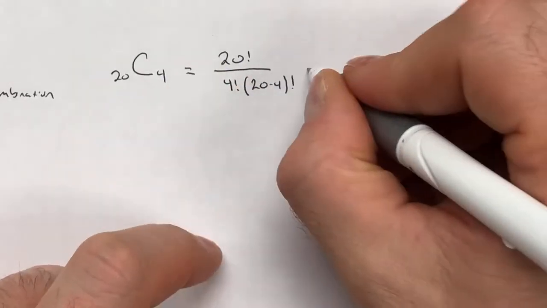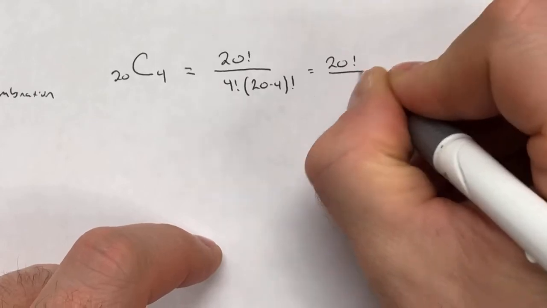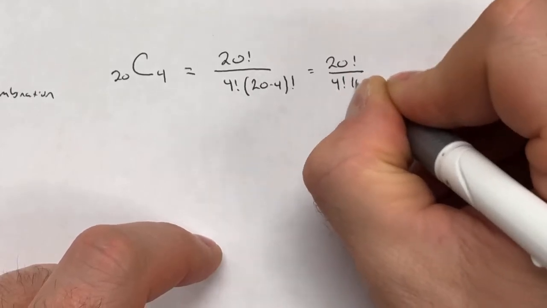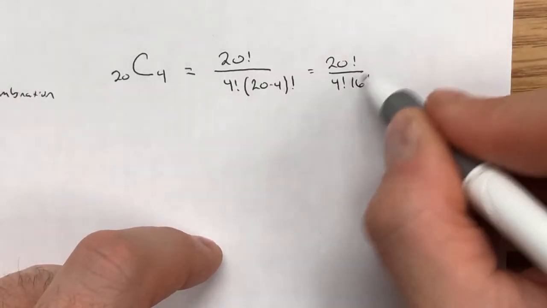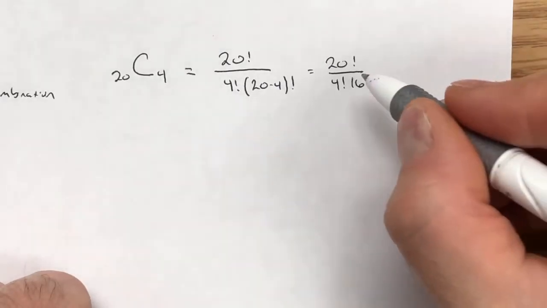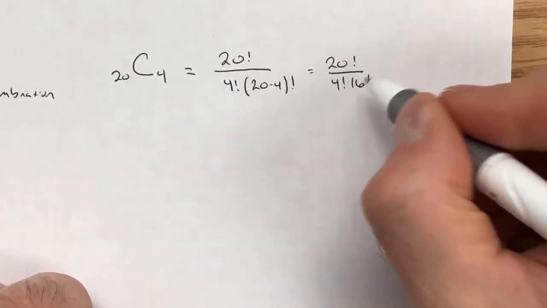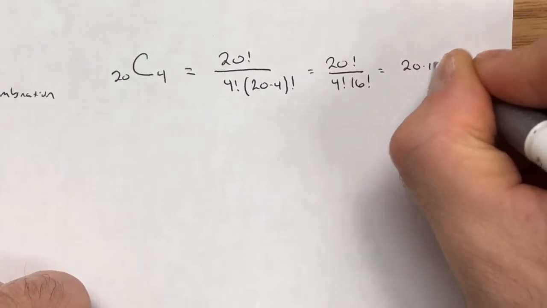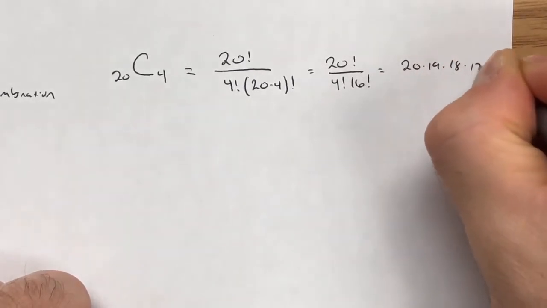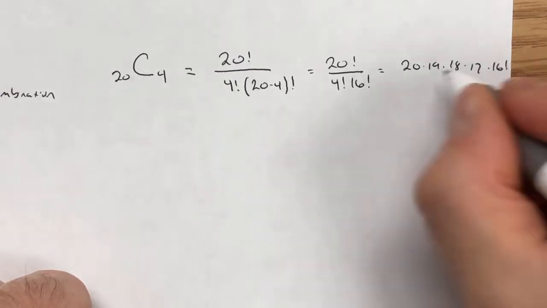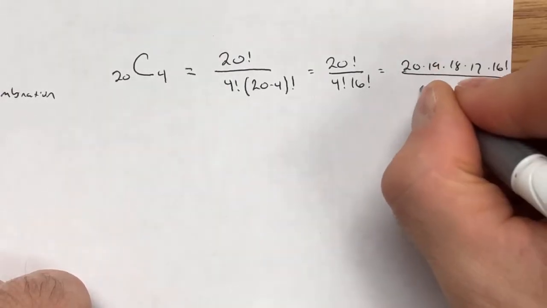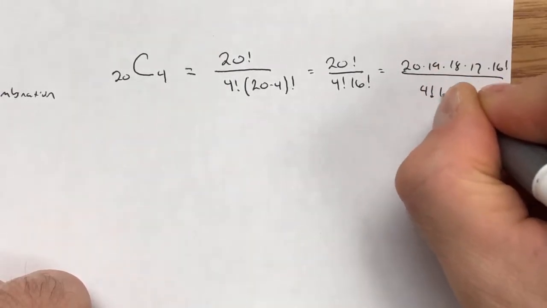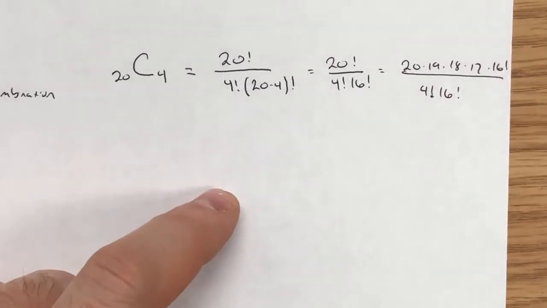So if I look at this and say, well, I have 20 factorial divided by 4 and 16, I'm going to take the larger of the 2, 16, and I'm going to write out my top factorial until I hit that number. So it's going to be 20, 19, 18, 17, 16 factorial divided by 4 factorial, 16 factorial.